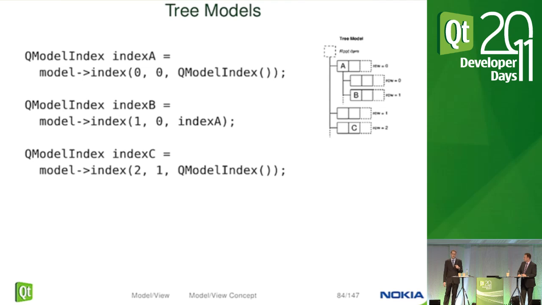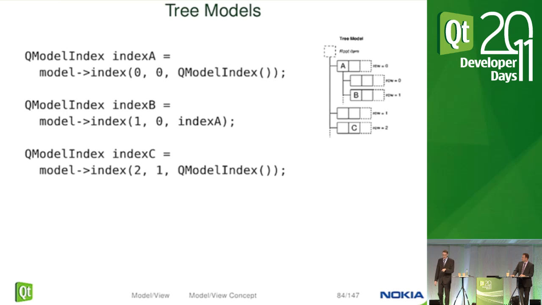So you use the index of cell A as a parent for cell B, which is one hierarchy level down, second row, first column, so 1, 0 as the index. And as mentioned earlier, the row count and the column count is always based on the same hierarchy level.